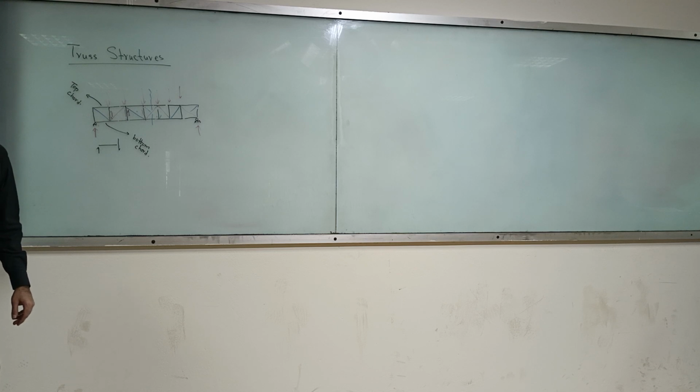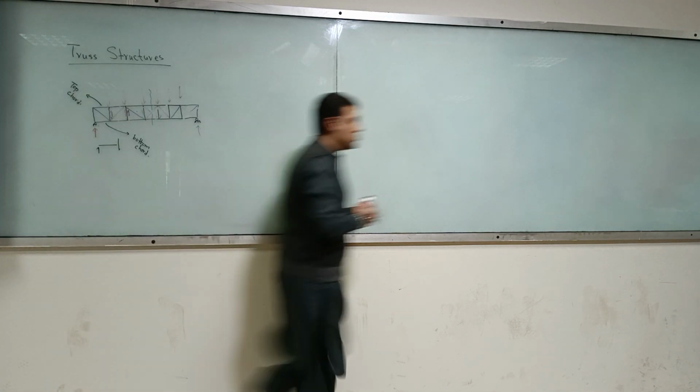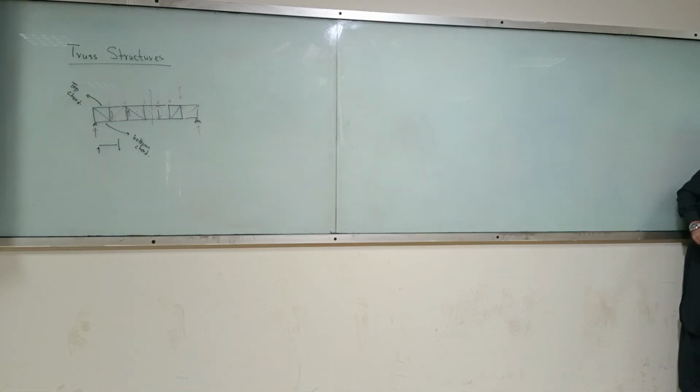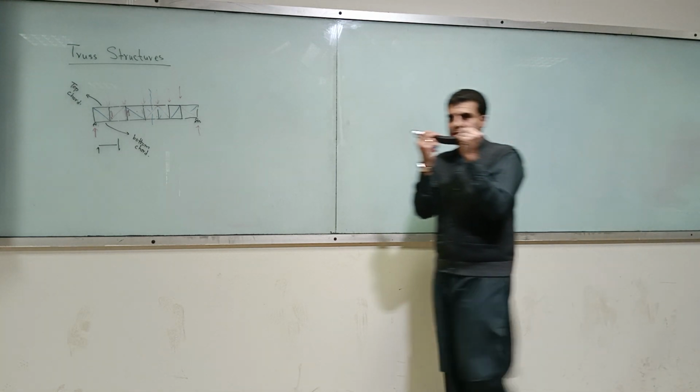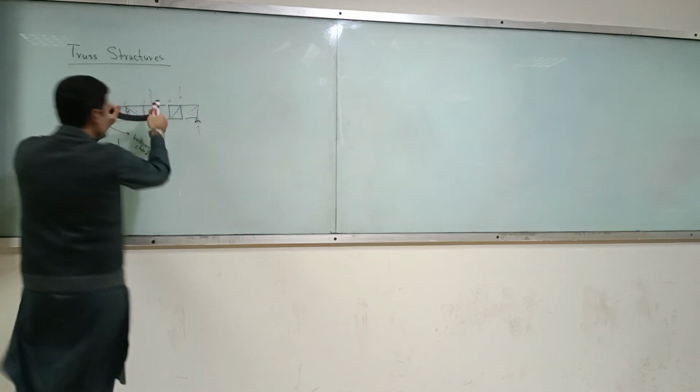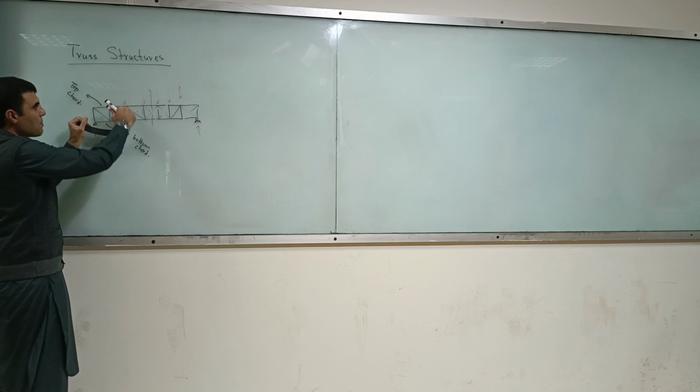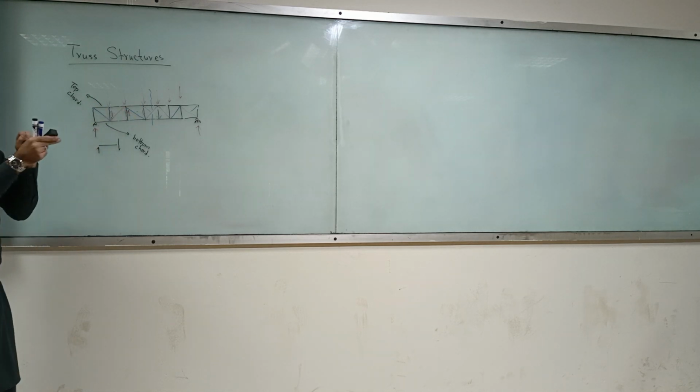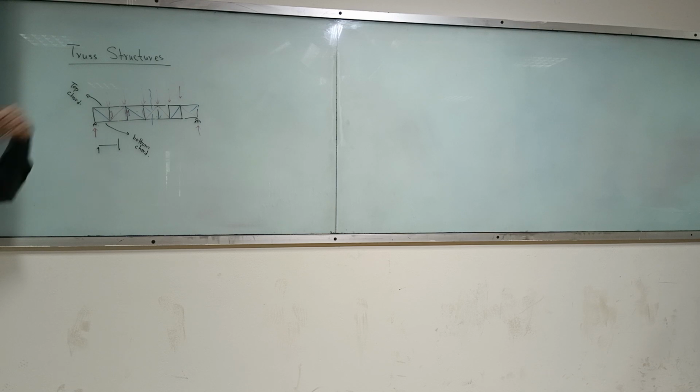Why compression? Because the profile will be like this. Yes, exactly. That's true. So if you look, this is the same sort of behavior. The top chord is in compression, just like a beam. That's why I told you that this is like a beam. You are converting a beam into a truss.